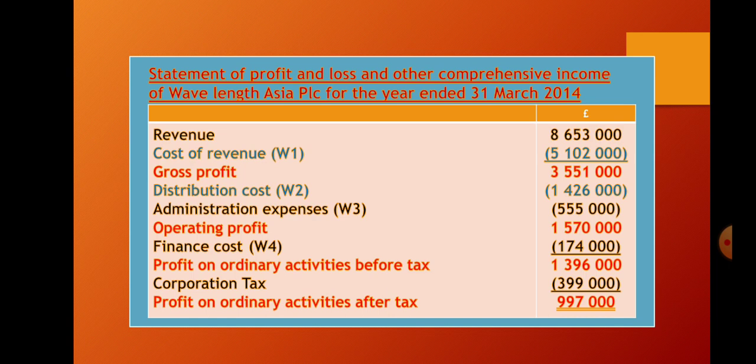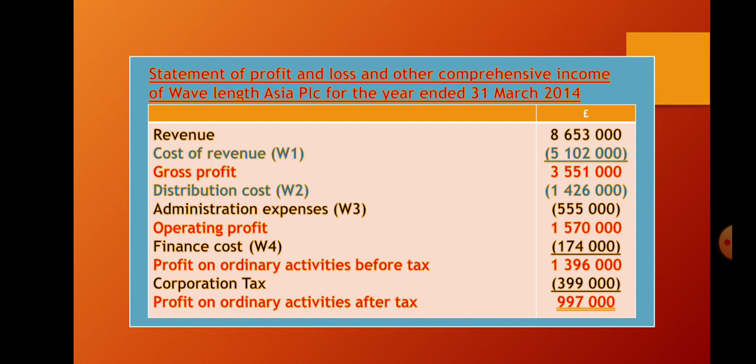First we have to take revenue, which is the sales revenue that is given in the trial balance, less cost of revenue. Within brackets you can see we have written W1, which is workings 1. That is 5,102,000. This figure is taken from the workings what we have just now discussed. Then in order to arrive at gross profit, we need to deduct cost of revenue from the revenue. So you'll be getting gross profit of 3,551,000.